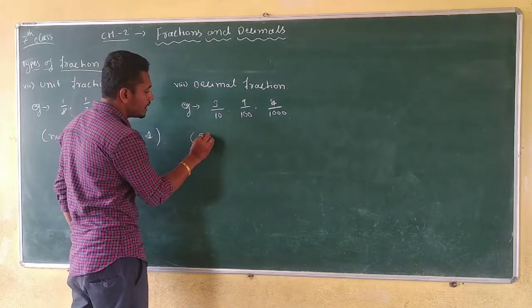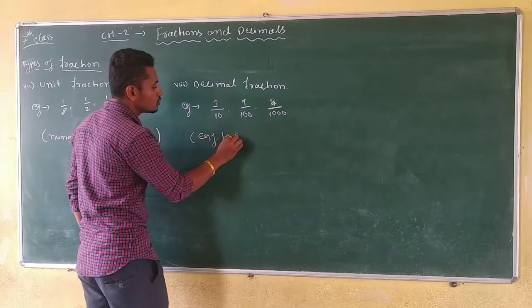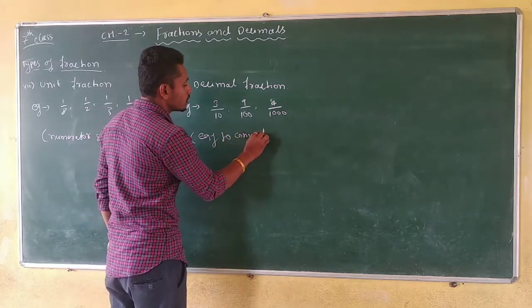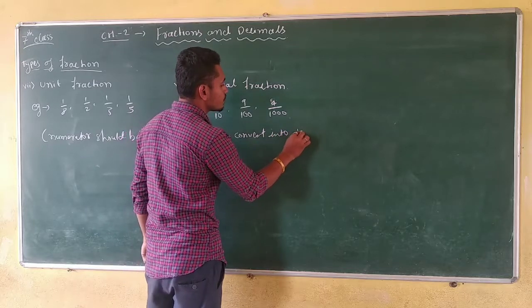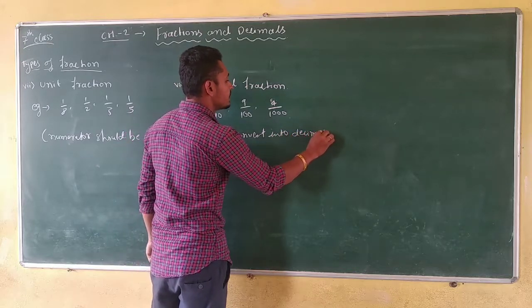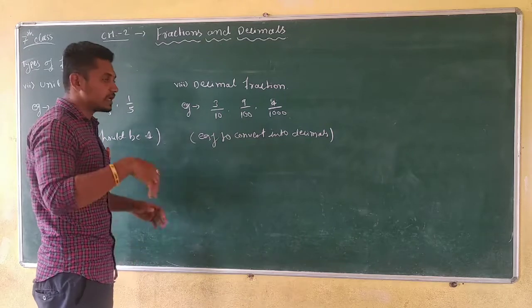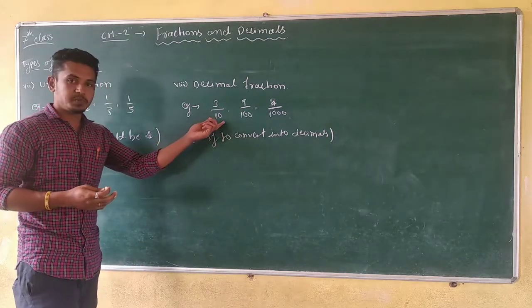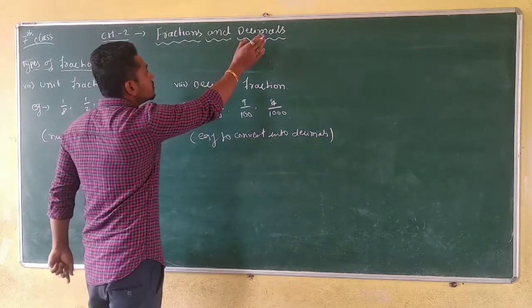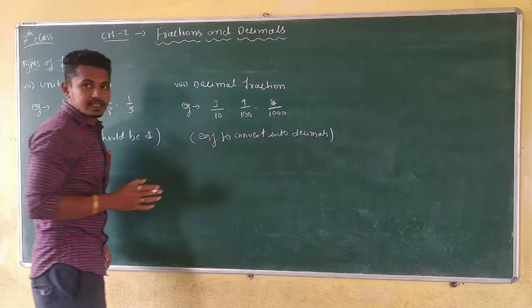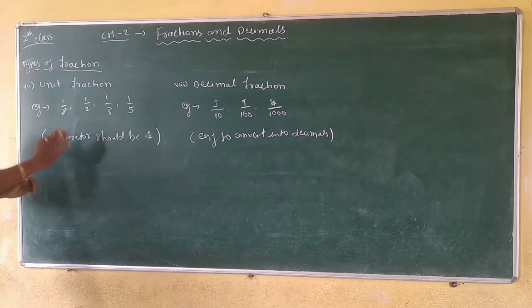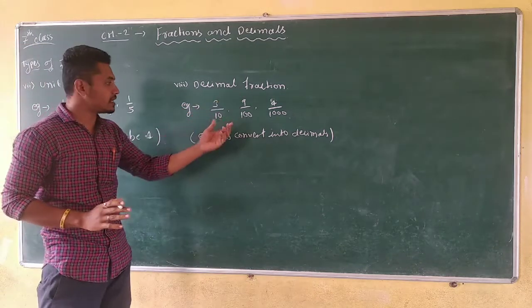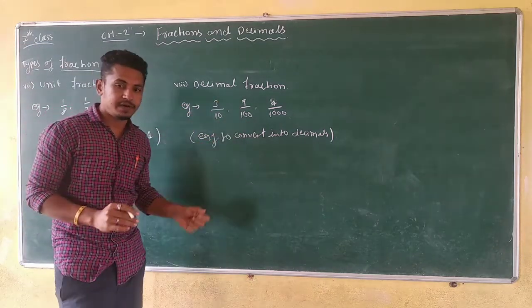It is very easy to convert them into decimals. How to convert? In the next class I will explain, when studying decimal expansions. First you should know what unit fraction and decimal fraction are. These are the examples for decimal fractions.